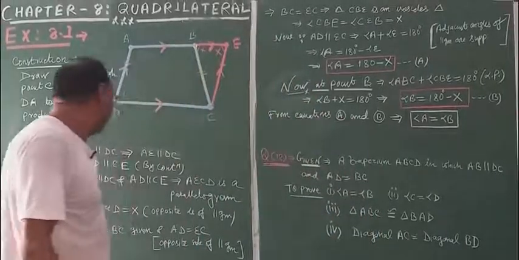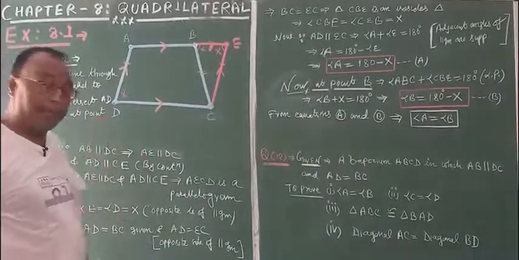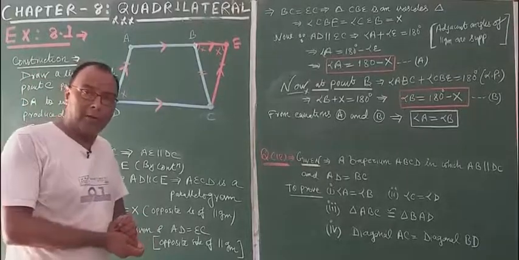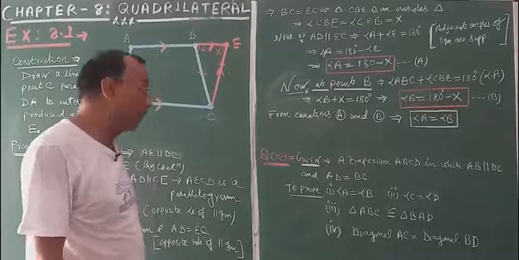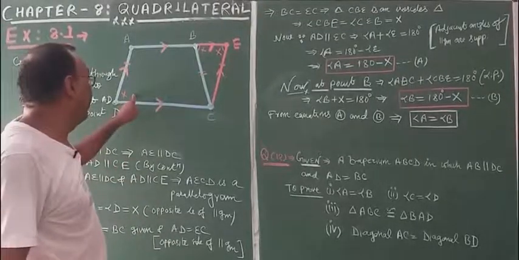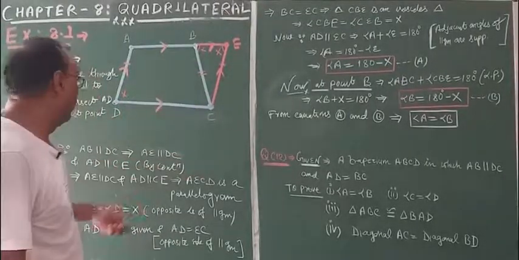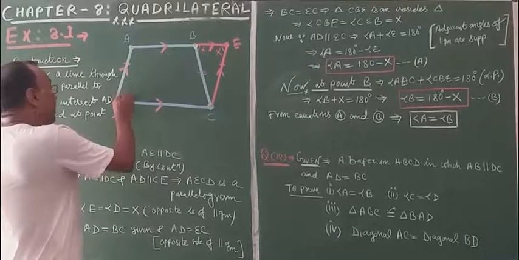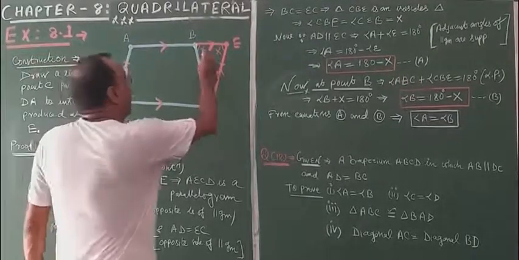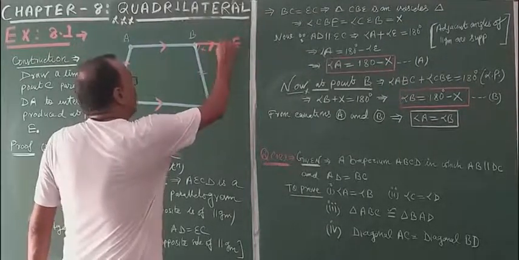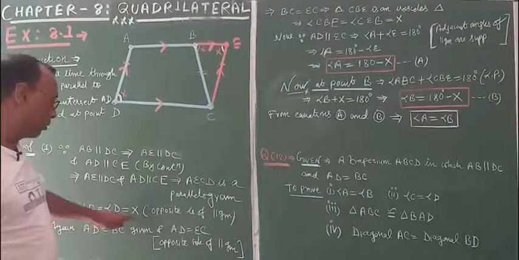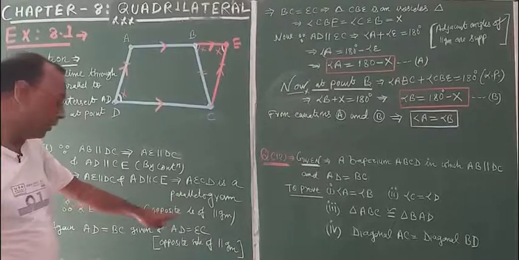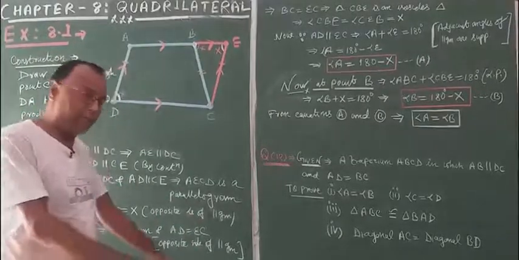We know that opposite angles of a parallelogram are equal. Therefore, angle D will be equal to angle E. So angle E is equal to angle D, which is X, because they are the opposite angles of the parallelogram.